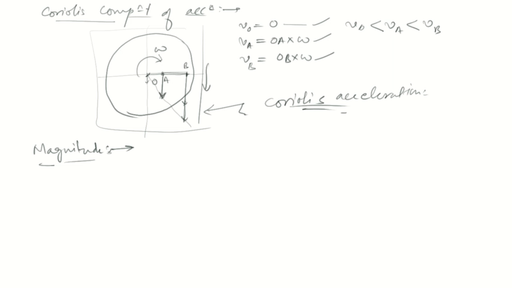The velocities at A and B are given by OA into omega and OB into omega. Now VB minus VA will be OB into omega minus OA into omega, which is equal to (OB minus OA) into omega.